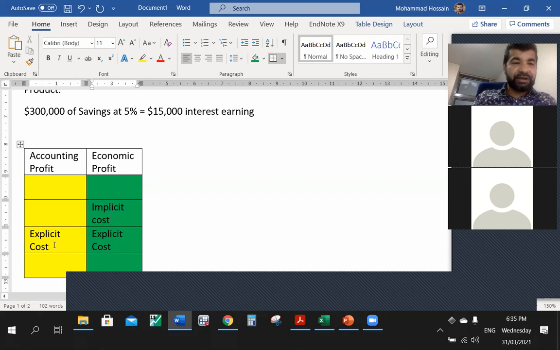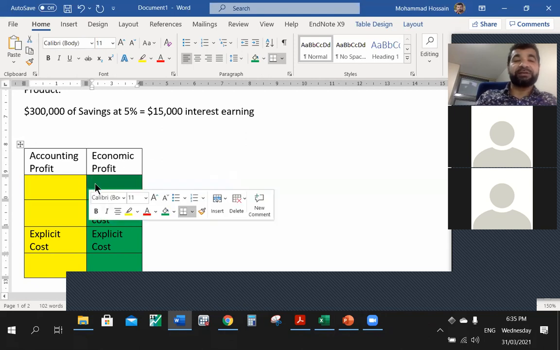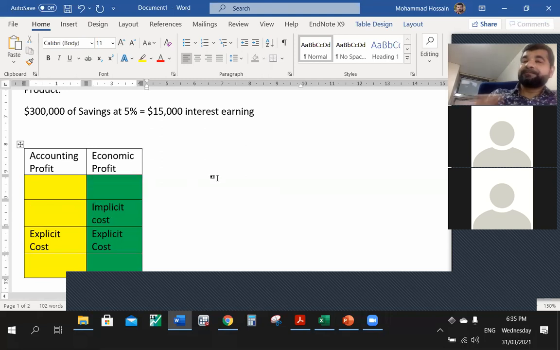From the revenue, you subtract the explicit cost; this is your accounting profit. But the economist will say no, this one is your economic profit. Why is that? Because economists consider implicit cost as a cost too.